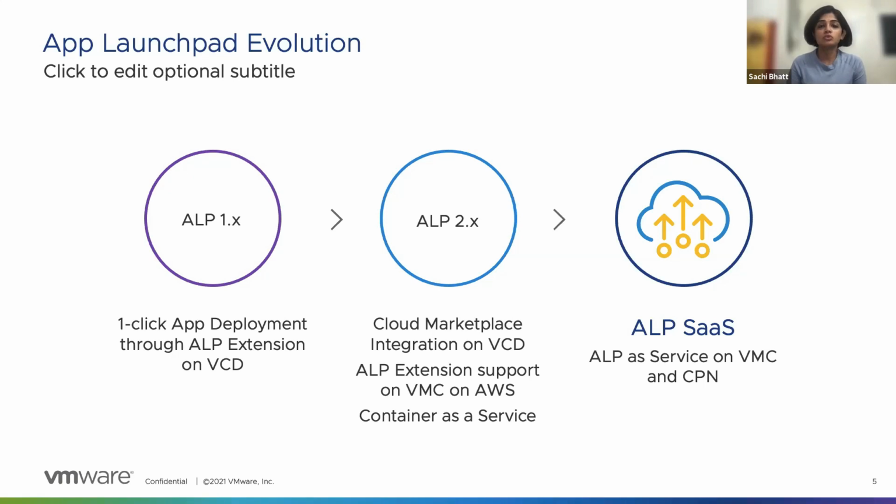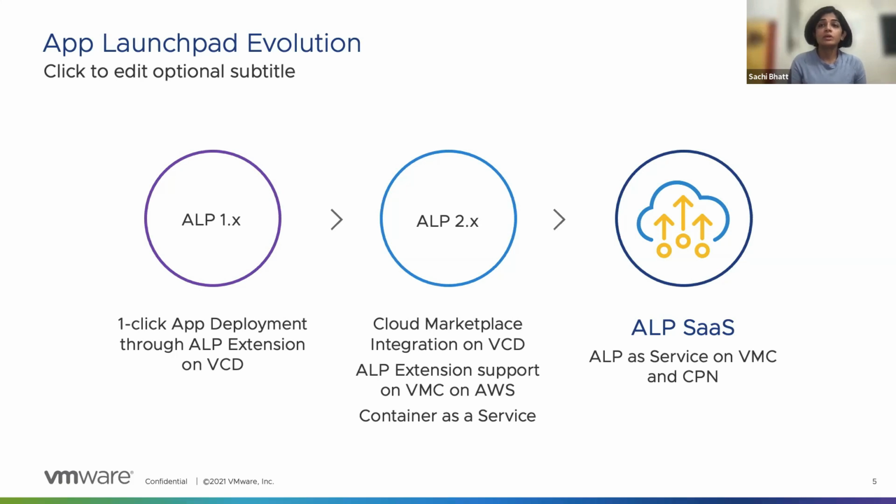And we also introduced container as a service by integrating with container service extension and Tanzu, where once the Kubernetes cluster is deployed through container service extension or a Tanzu based Kubernetes cluster, we can just select any of those clusters and deploy any container based app through App Launchpad, and just get the IP in automated fashion, and then expose a service through App Launchpad.